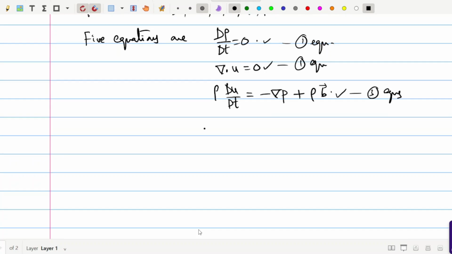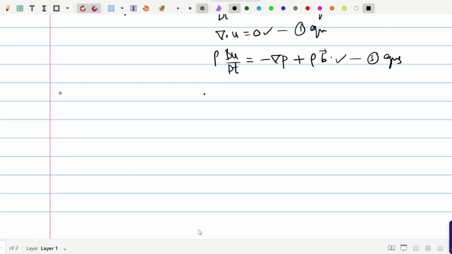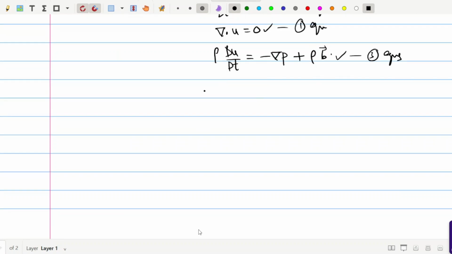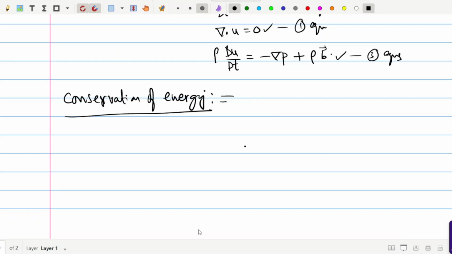We'll see how this conservation of energy can be derived; it is actually equivalent to the third equation, the equation of motion or conservation of momentum.